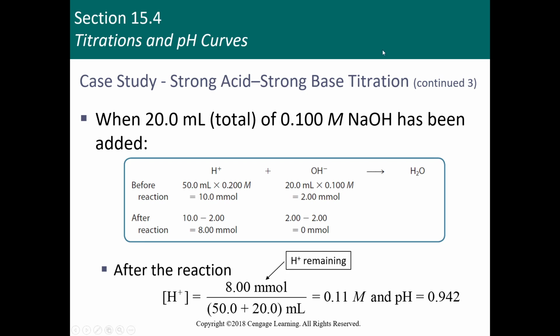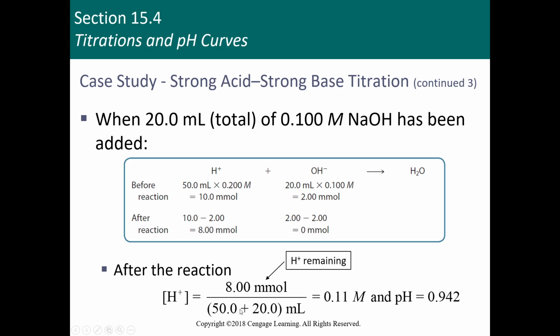Well, again, we just do the same reaction. We had started off with 10 millimoles at the beginning. We've now added 20 milliliters of this, so that will be 2 millimole. And that's going to leave us with 8 millimole of the H plus. Again, we do the same problem for the concentration. So we have 8 millimoles remaining of the H plus.